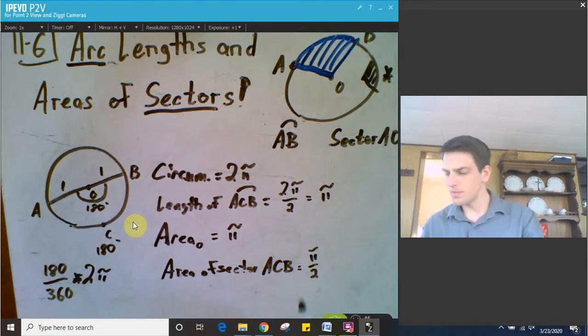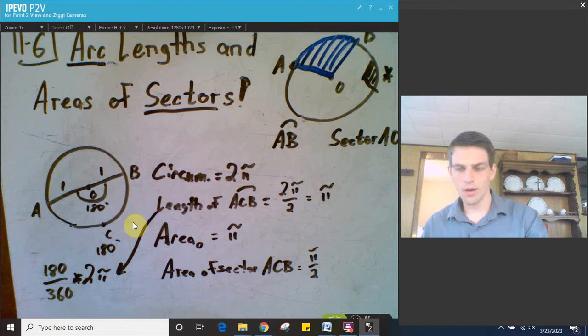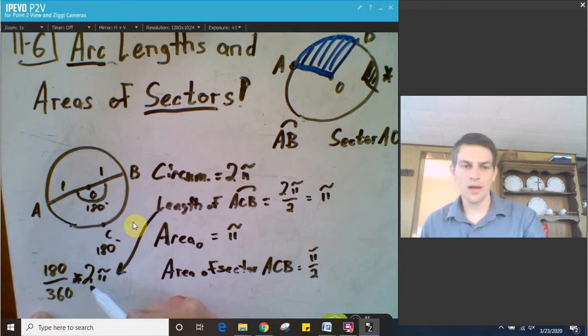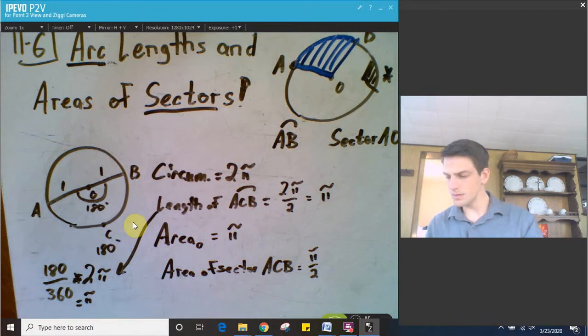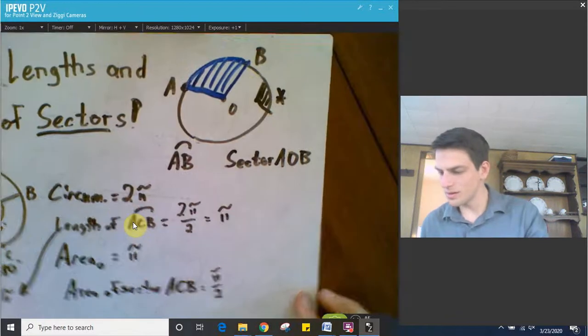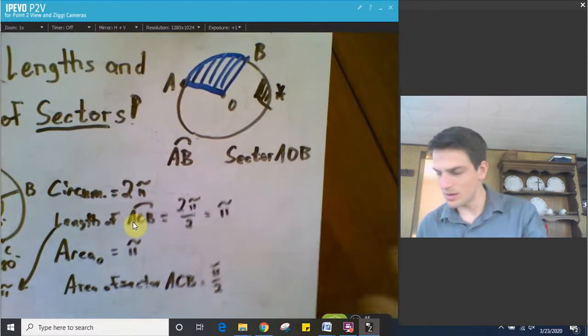That's going to be the length of our arc there. So this 180 divided by 360 ends up being 1/2, and 1/2 times 2 pi is going to be equal to pi. Now I'm starting to run out of room here, but I'll see if I can squeeze something in over on the side.